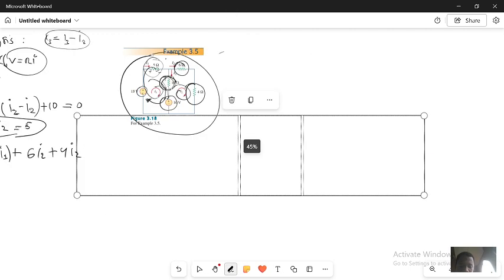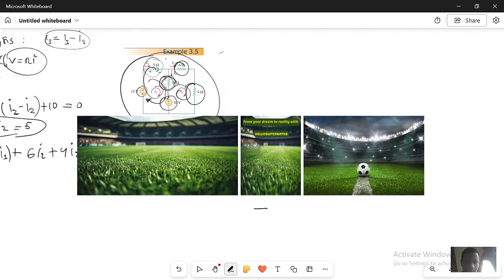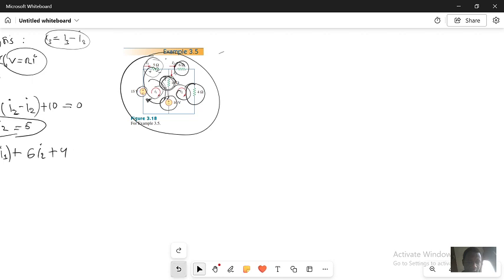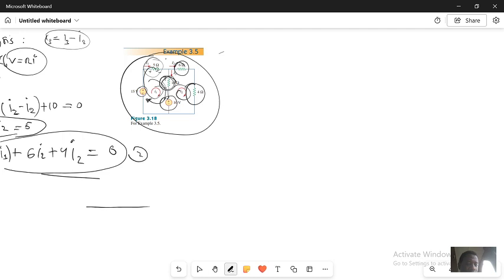equal to 0. So in this case I will find the second equation, of this second mesh, plus 4 I2 equal to 0.